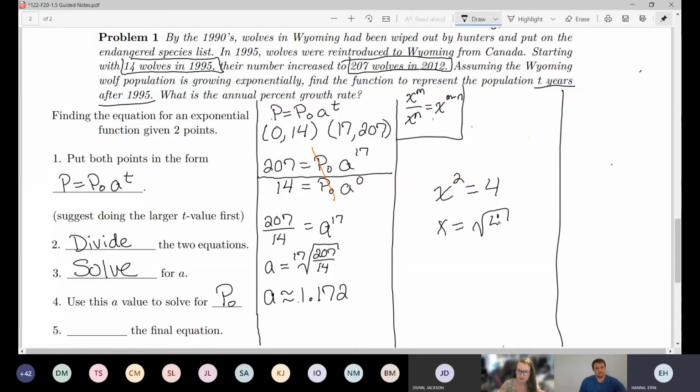Well, now it's lagging. Oh, great. Similarly, just like you would square root both sides to undo a squared, to undo a 17th power, you have to take the 17th root. I don't know how to show you because it'll blur out my calculator, and it's lagging.